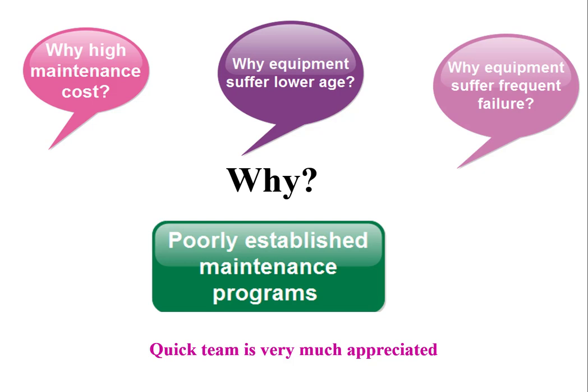As opposed to the slow team who apply root cause failure analysis. So we have to be very careful about the quick team, and not recommend the quick team very much compared with supporting the slow team who run the process of root cause failure analysis. Otherwise, our maintenance program will be classified as a poorly established program.